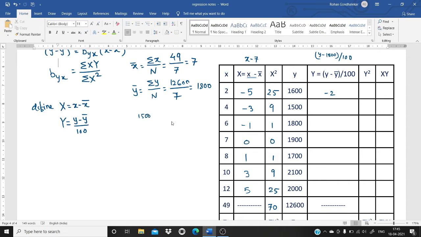So 1500 minus 1800 is minus 300, and divided by 100 will give me the value minus 3. Then further 1800 minus 1800, of course 0. 1900 minus 1800 will be 100 divided by 100, which is 1. 1700 minus 1800 will be minus 100. Minus 100 upon 100 gives me minus 1.